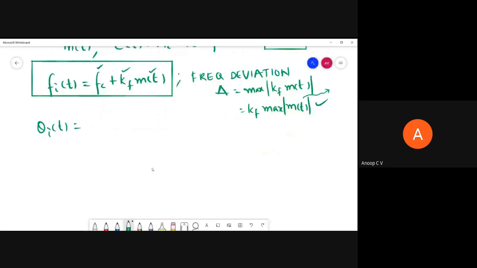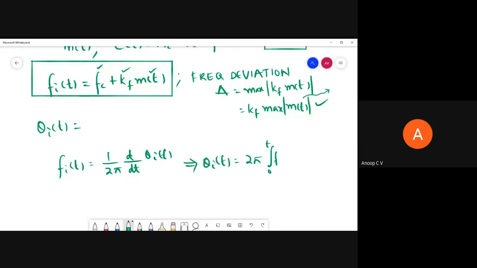We know frequency is equal to 1 by 2 pi times d by dt of theta i(t), that is, 1 by 2 pi times the time rate of change of phase. That is how frequency is defined. So from this, you can write theta i(t) equal to 2 pi times the integral from 0 to t.